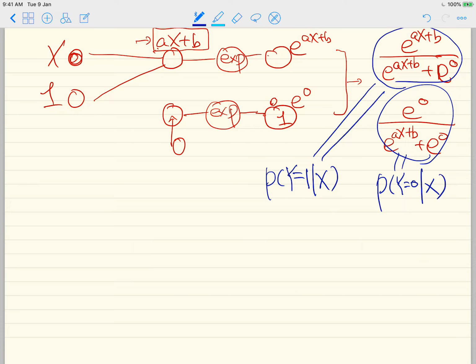Okay, so this is the assumption, or the model, that we just adopt for our logistic regression.